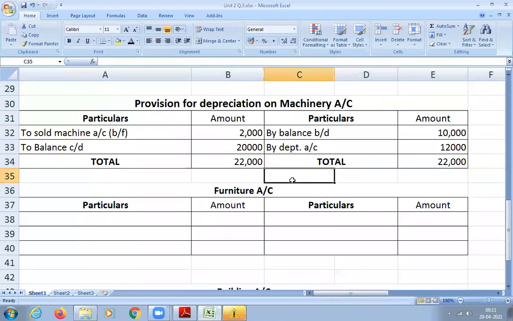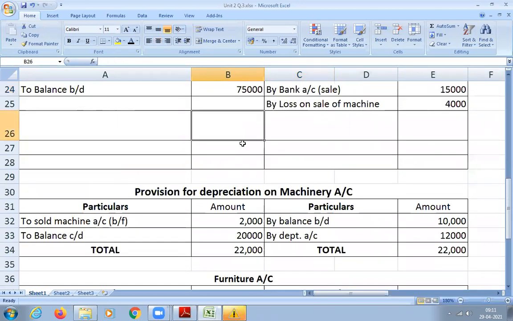Clear? So now you write the depreciation. How much is that which is being balanced? It is 2,000 in the machinery account, which is being used for the sold machine. So write down now by provision for depreciation 2,000.